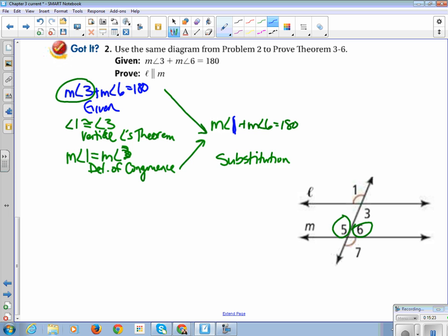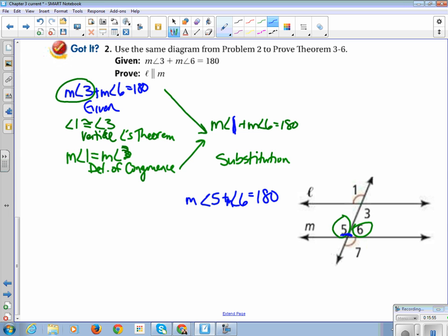We are almost there. So we know that angle 5 and angle 6, the measure of angle 5 plus the measure of angle 6 is 180 degrees.